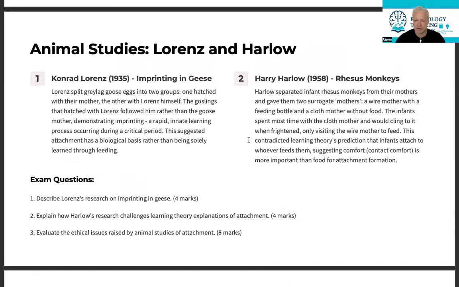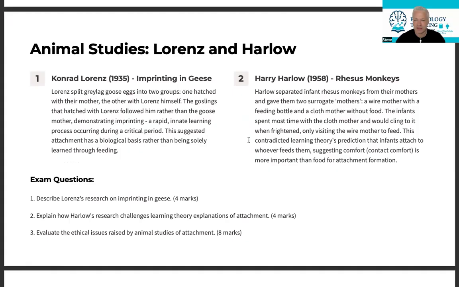Harlow studied rhesus monkeys. He separated them from their mothers and gave them a wire mother or a wire mother with a cloth, and that gave comfort, whereas the wire mother on its own just gave food.